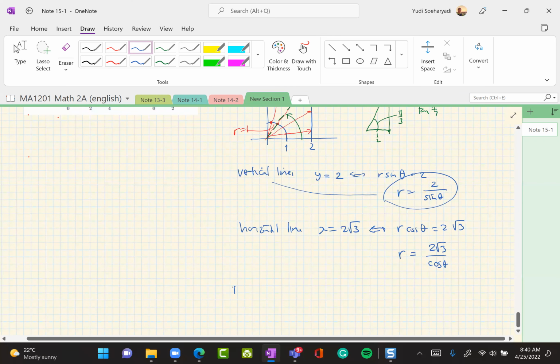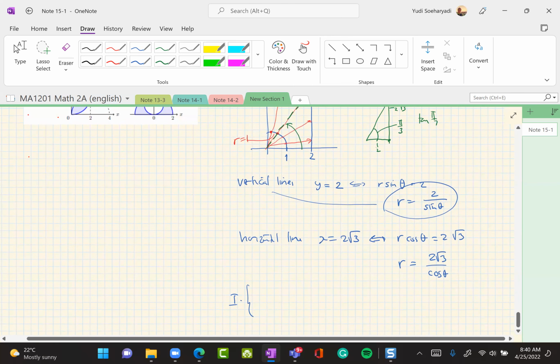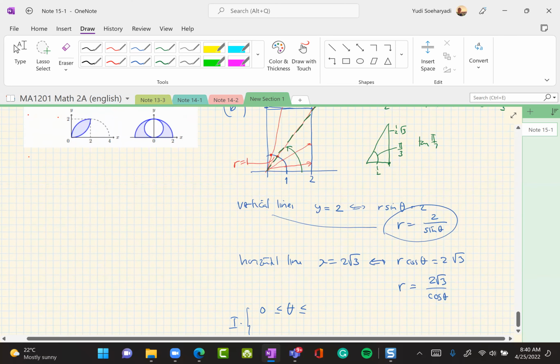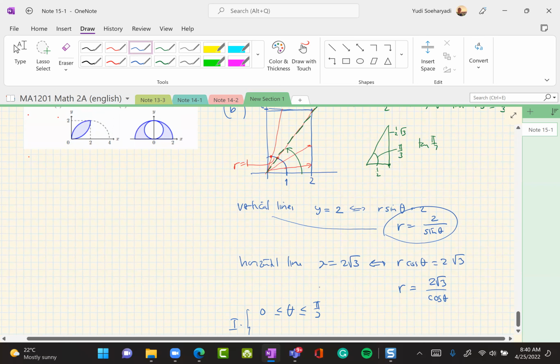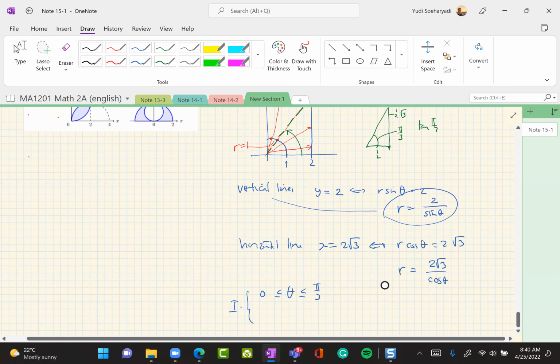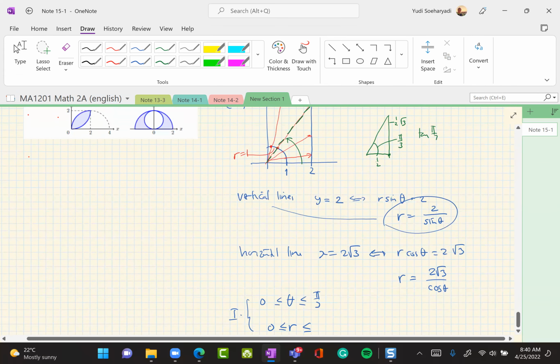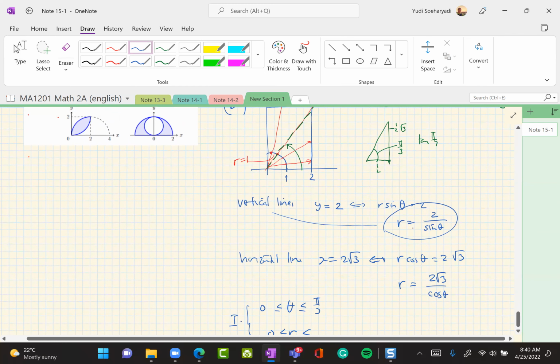All right, so first part: theta from 0 to pi over 3 here, and r is between the origin and this vertical line.